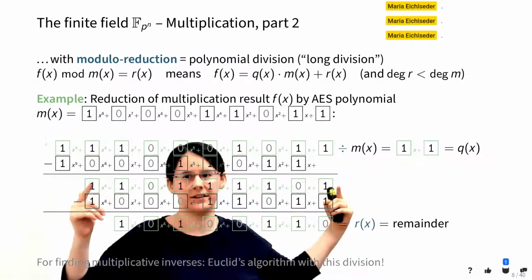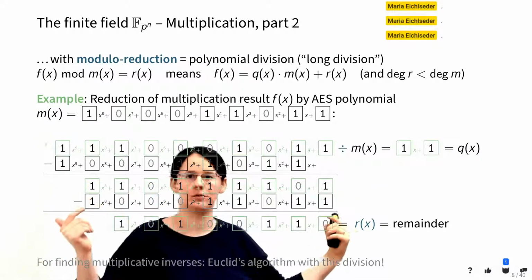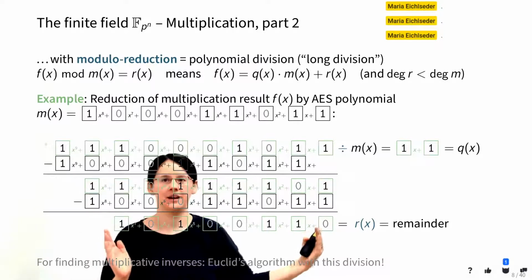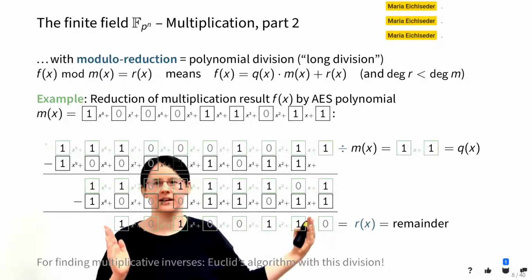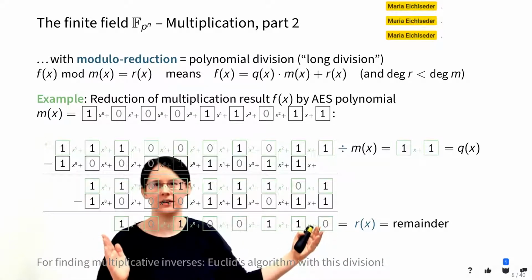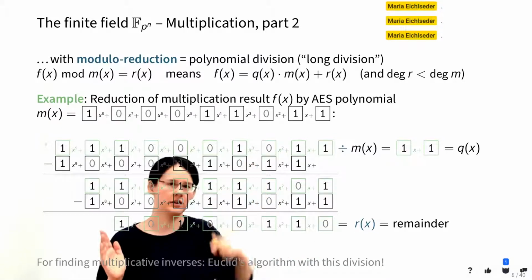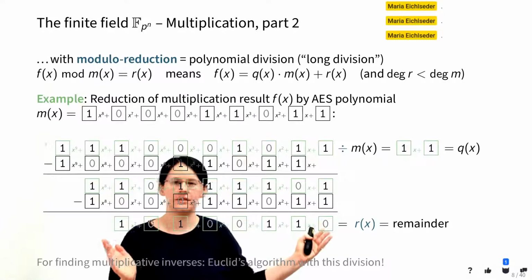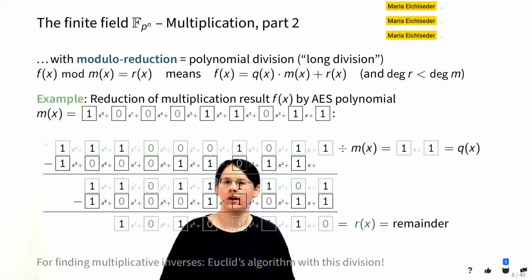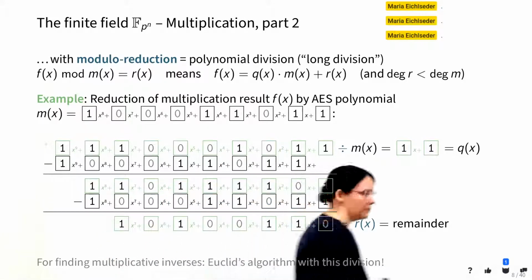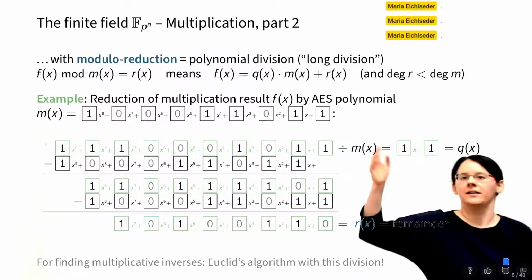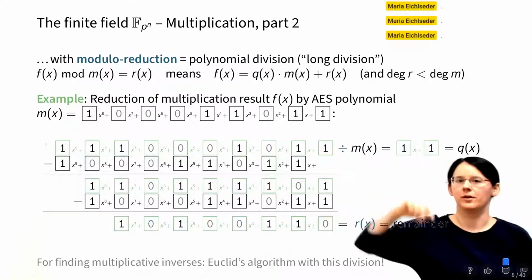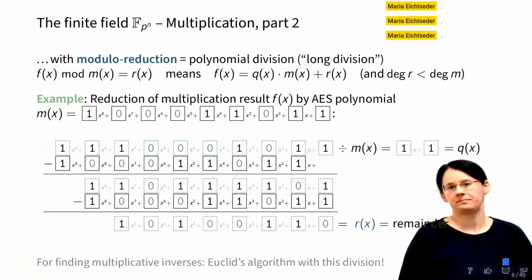Well, it fits 1 time, meaning I can subtract it 1 time. And now as a final result, I got something of degree 7. So strictly smaller than the modulus, and also small enough to fit into our data structure. So this final result is the remainder of this computation. It's also the result of taking our multiplication result modulo the modulus.